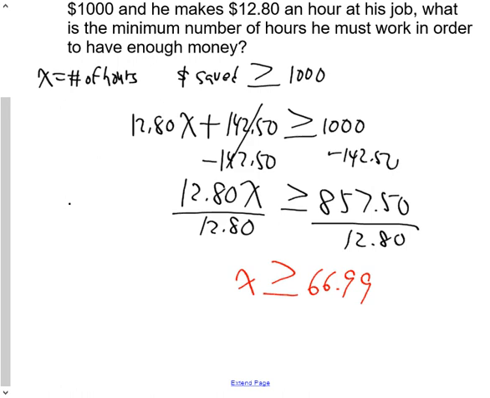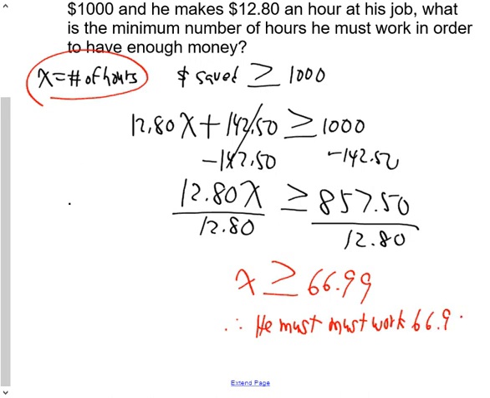Therefore, since X represents the number of hours, he has to work at least 66.99 hours. So therefore, he must work 66.99 hours or more to afford the ring.